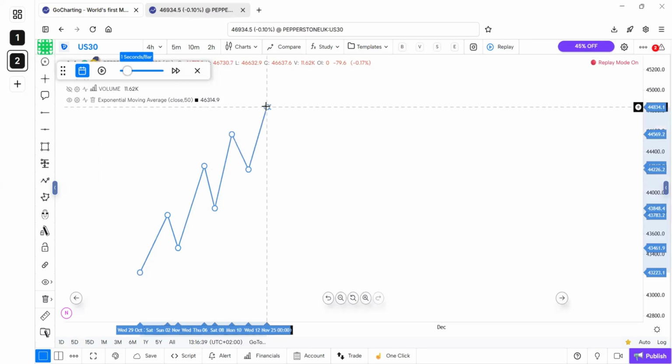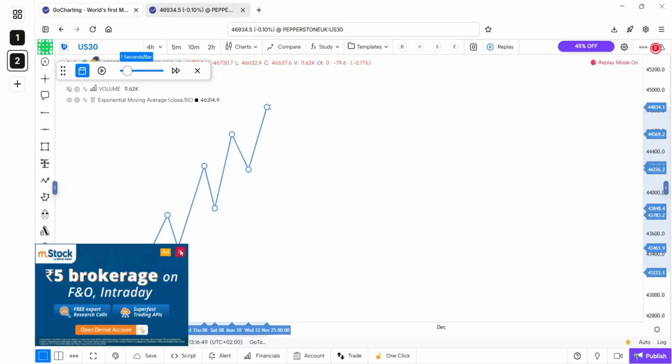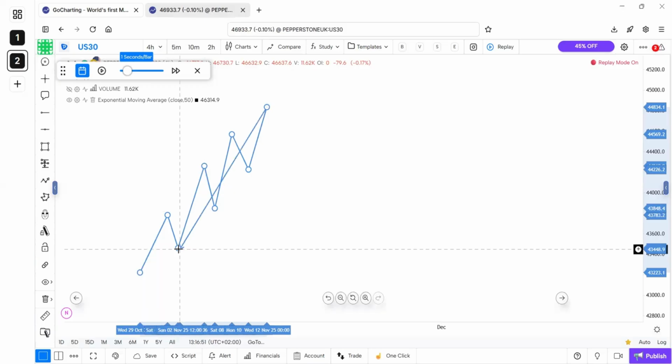Now what you have to know is that this was the first high, and this was the first low. When the market breaks this high, it then creates a higher high. The reason why it's called a higher high is because it is a high that is higher than the previous high.